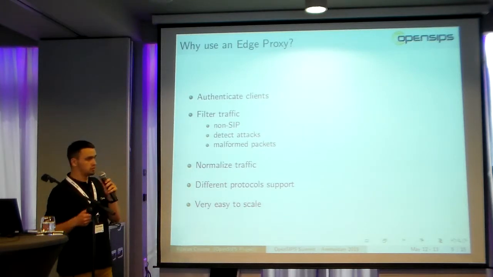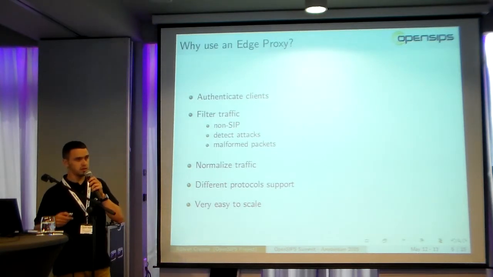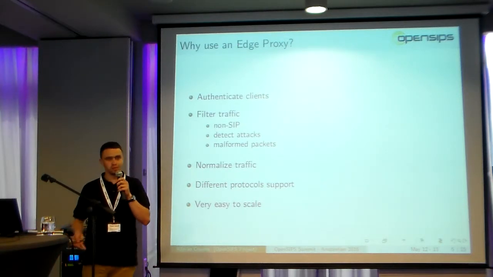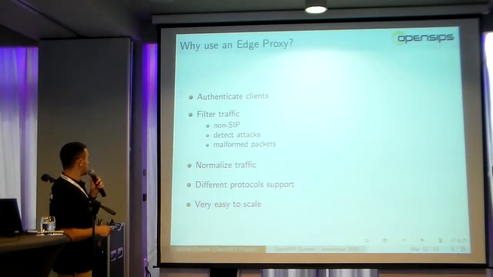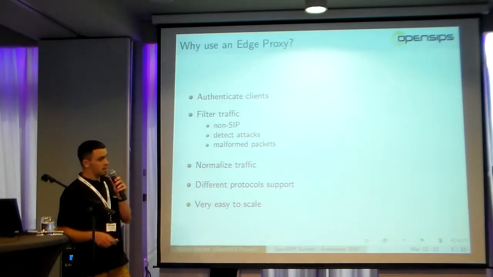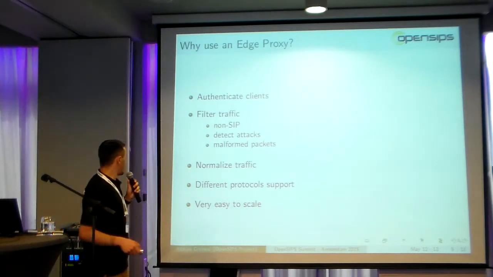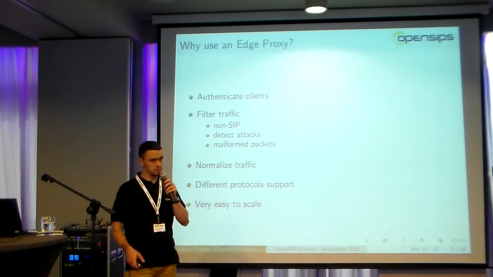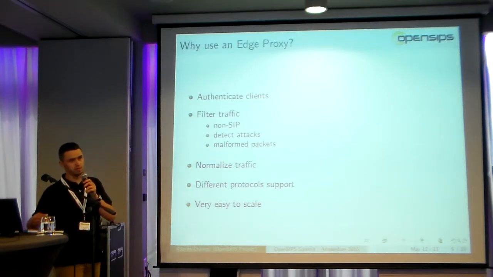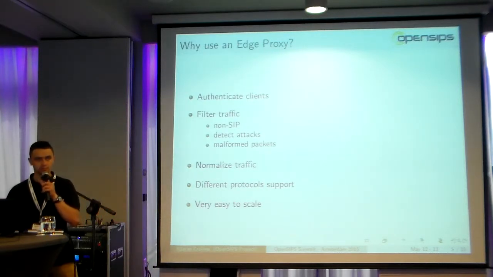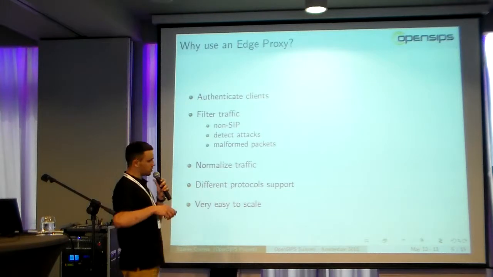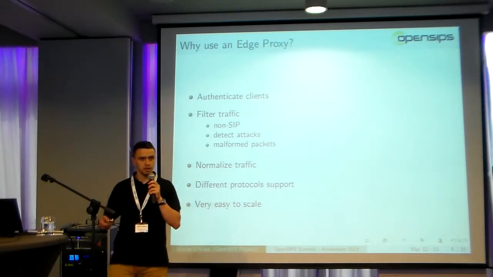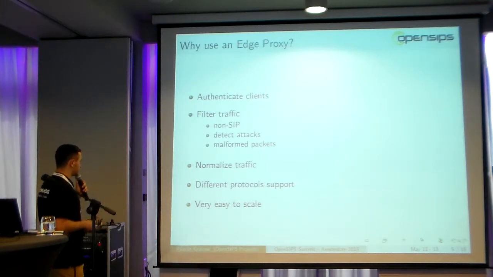There might be non-SIP packets that should not go into the core network because you don't know what we can do with them. They can detect attacks, and they can filter out malformed packets, because these kinds of packets don't really need to go into our core network, right? We want the core network to be as protected as possible and as stable as possible.